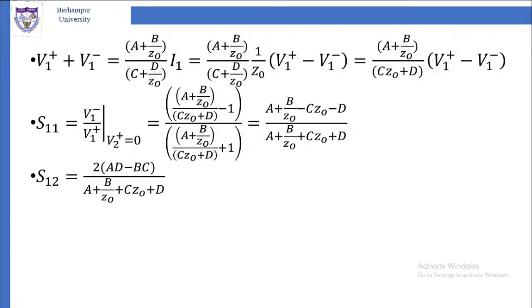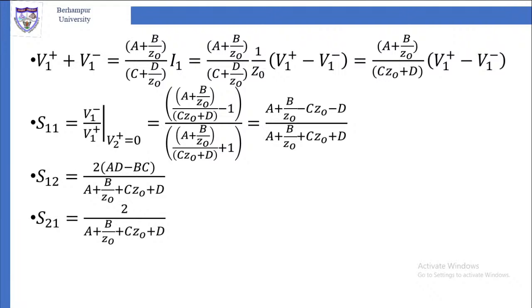Similarly, S12, the same way you can find out the relationship. This will be equal to 2 times AD minus BC divided by A plus B by Z0 plus C Z0 plus D. Denominator remains the same.